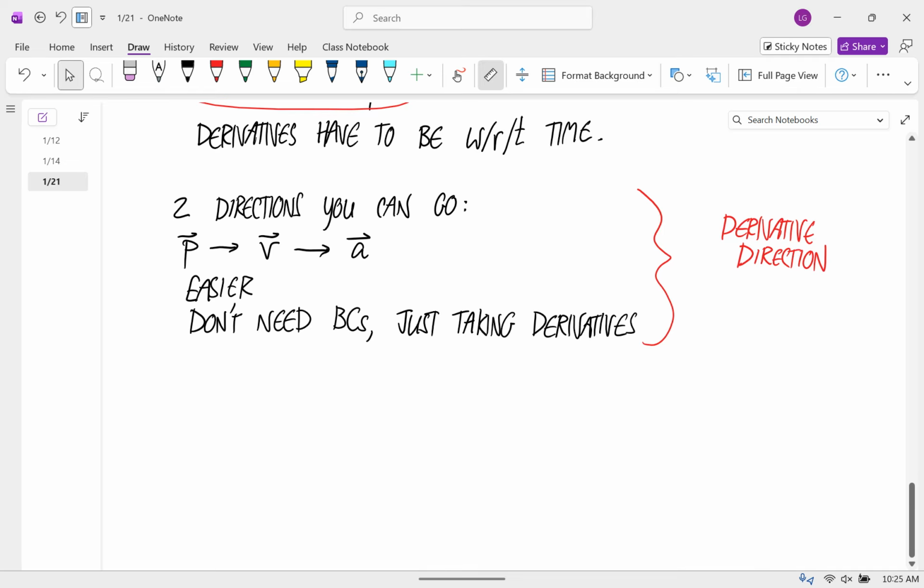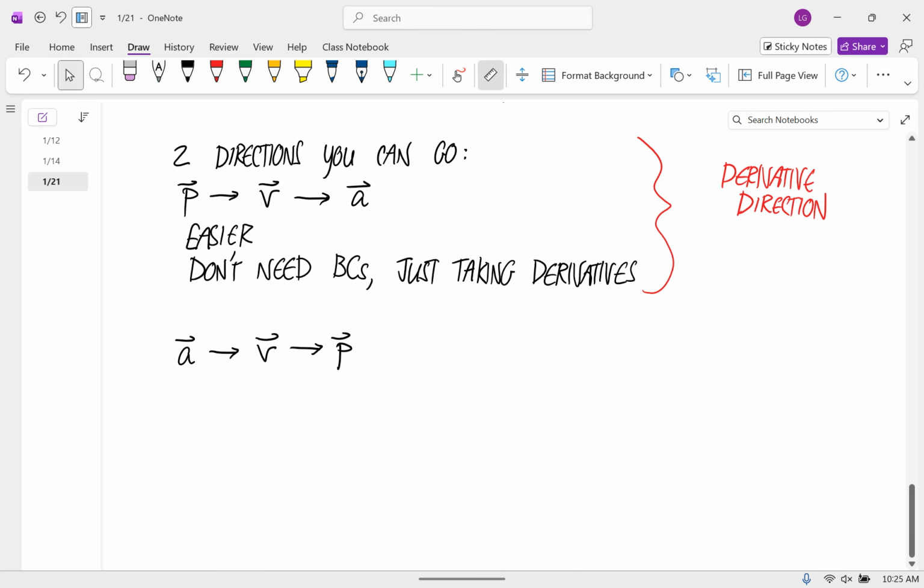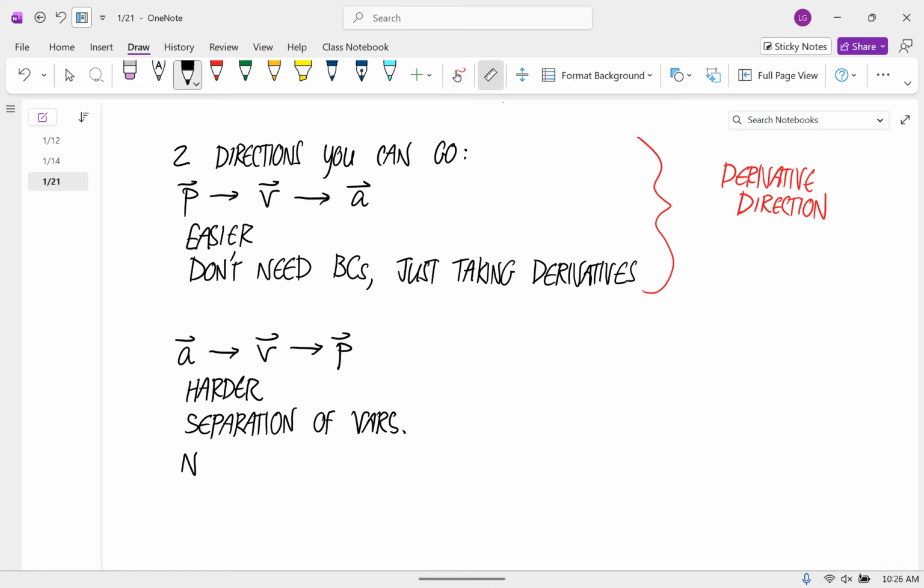But the other direction that you can go is, say, you start with acceleration and then you want to go to the velocity and then maybe you want to go to the position. This way is a little more involved. This is using separation of variables, and you need boundary conditions.